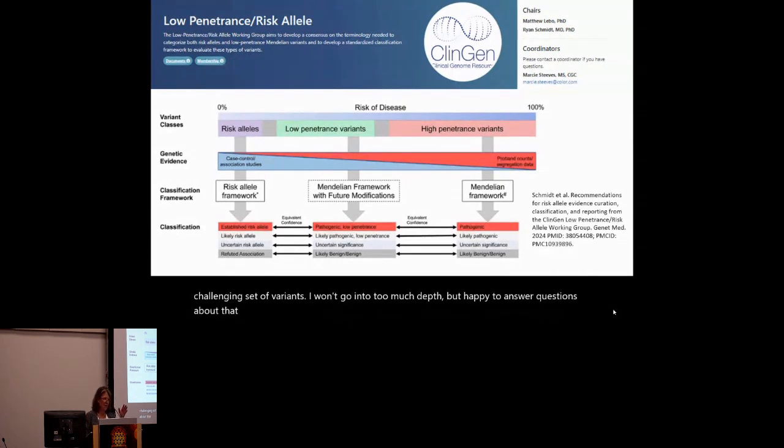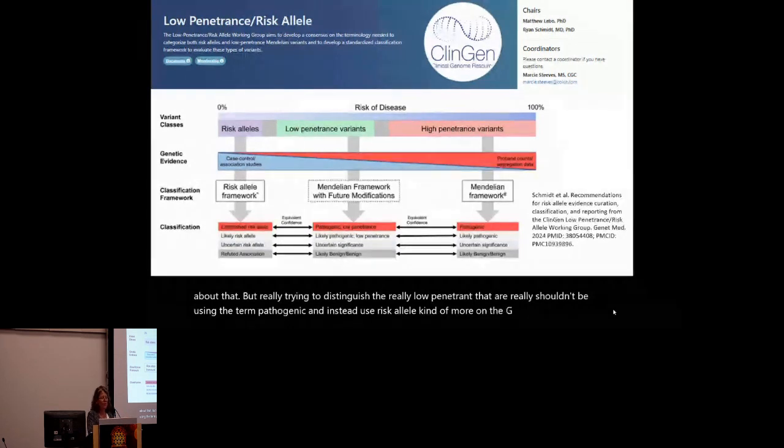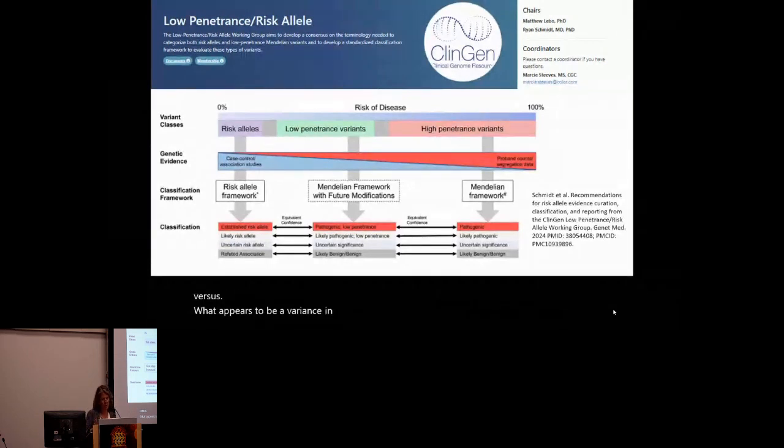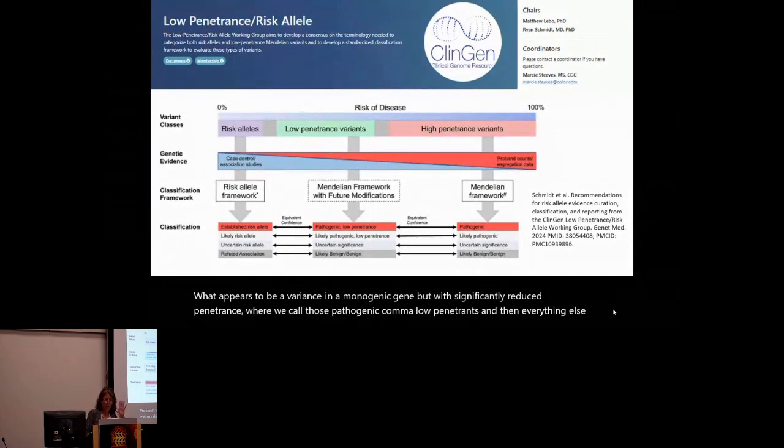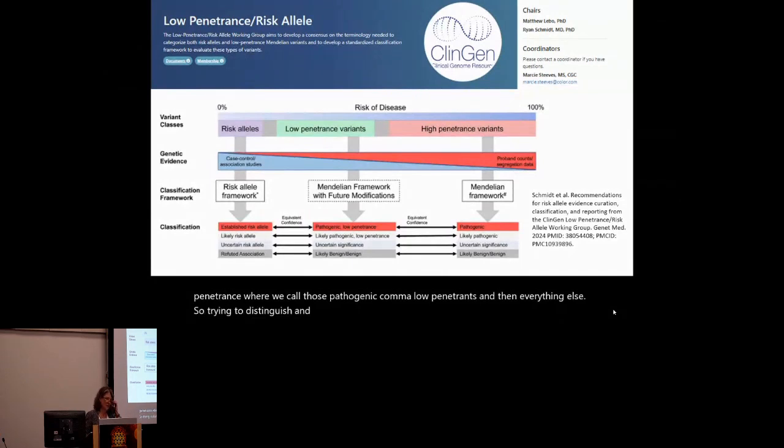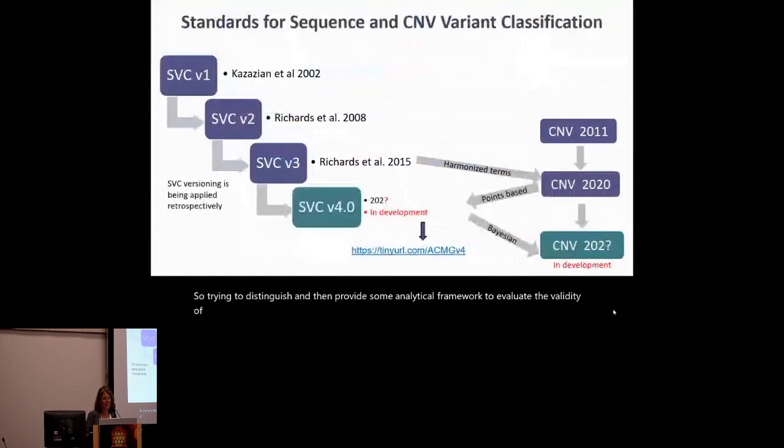But really trying to distinguish the really low penetrant variants, where you really shouldn't be using the term pathogenic and instead use risk allele, kind of more in the GWAS realm, versus what appears to be a variant in a monogenic gene, but with significantly reduced penetrance, where we call those pathogenic, low penetrance, and then everything else. So trying to distinguish and then provide some analytical framework to evaluate the validity of these risk alleles.